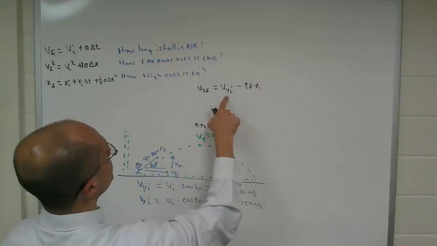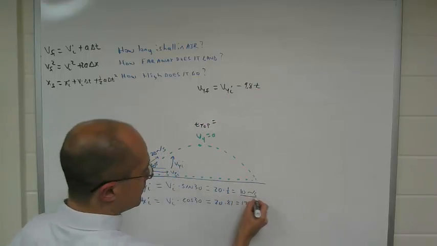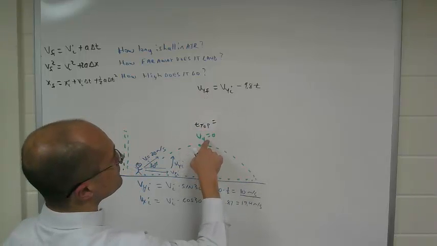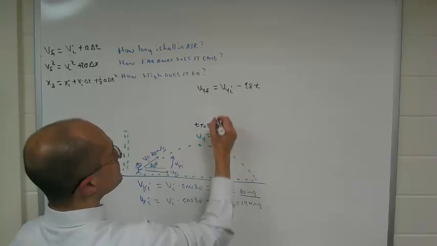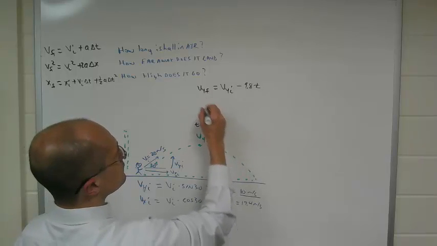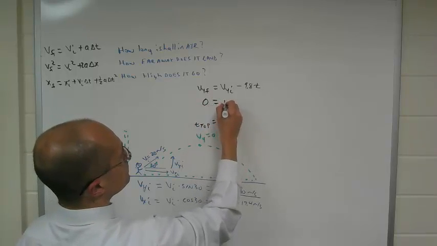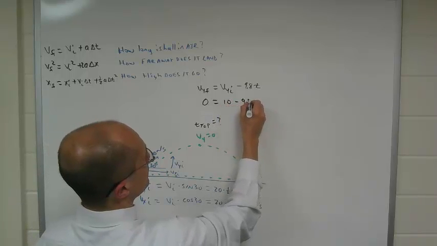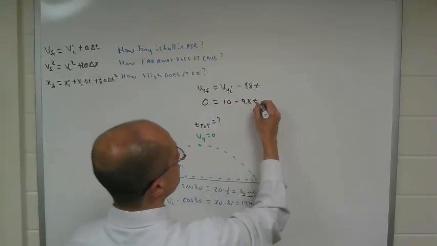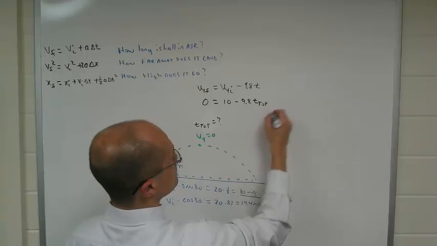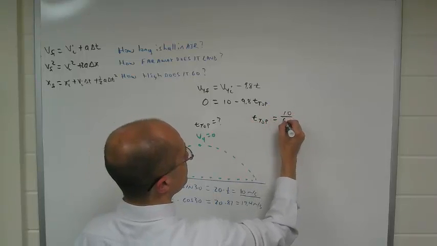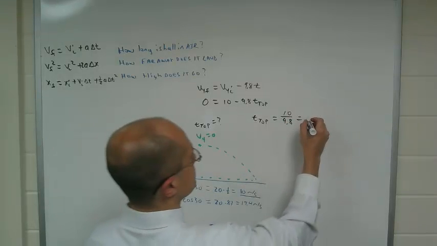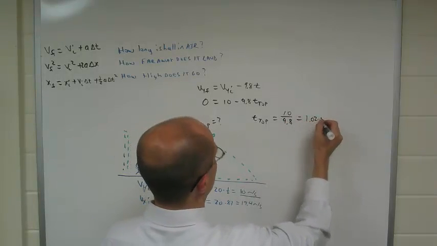And we know that Vy initial is our 10 meters per second, and Vy final at the top is 0. So what this tells us is that 0 is equal to 10 minus 9.8 t, or t to the top is 10 divided by 9.8. So our t to the top is 1.02 seconds.